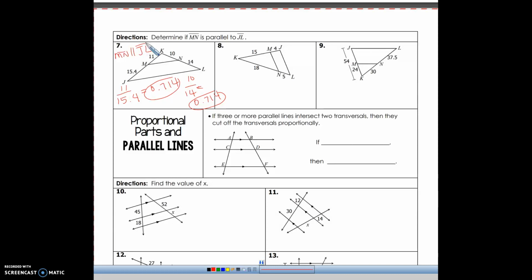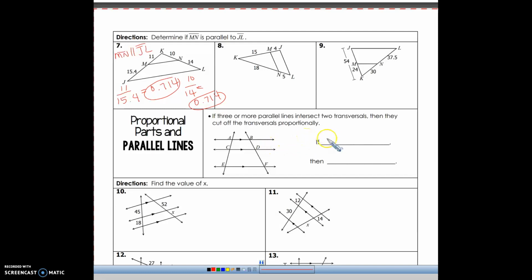Okay, the next part of your notes is about proportional parts and parallel lines. It says if 3 or more parallel lines, here we've got AB, CD, and EF, are all parallel, and these lines intersect 2 transversals, then they cut off the transversals proportionally.